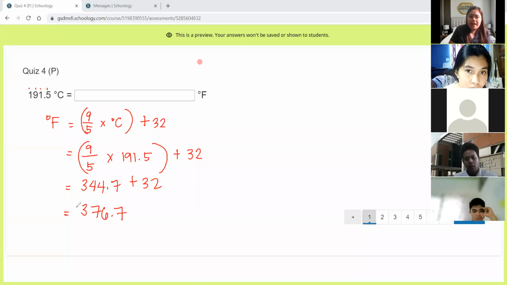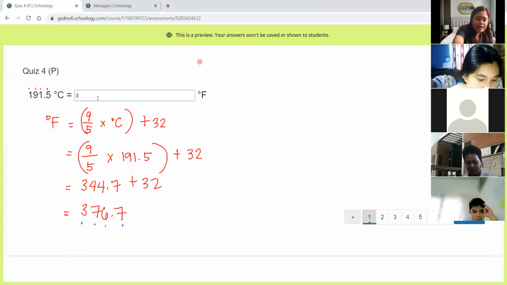Therefore, the final answer should have 4 significant figures, meaning you have to include everything in your answer. You have there 376.7 degrees Fahrenheit. No need to place the unit because the unit is already given in the problem.